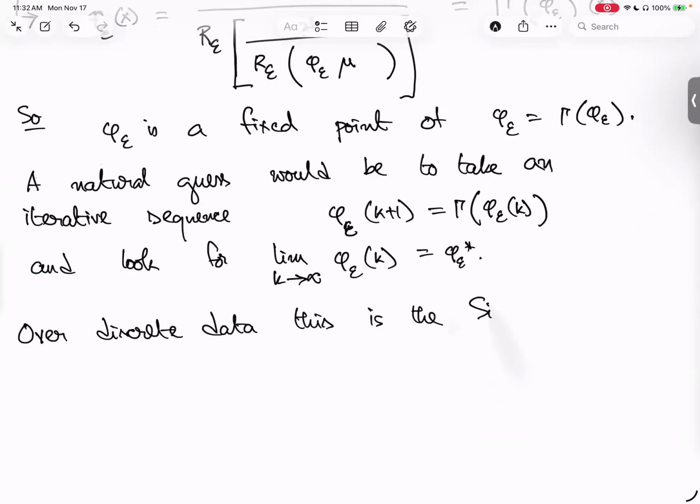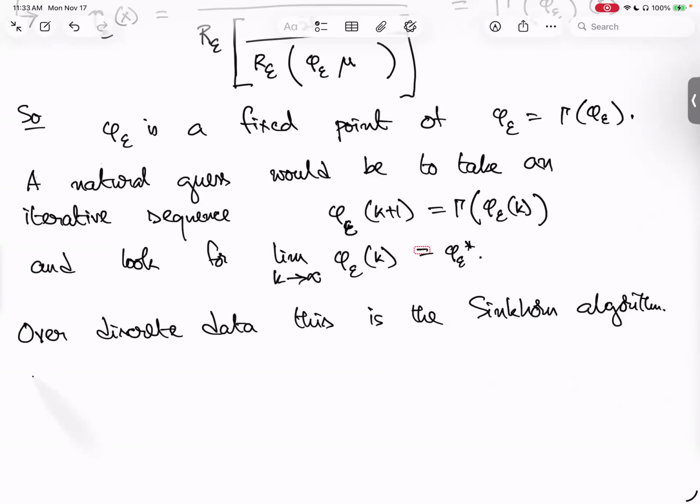So let's see an example. Suppose you have two data points. Suppose your mu is 1/2 delta mass at -1 and 1/2 delta mass at 0.